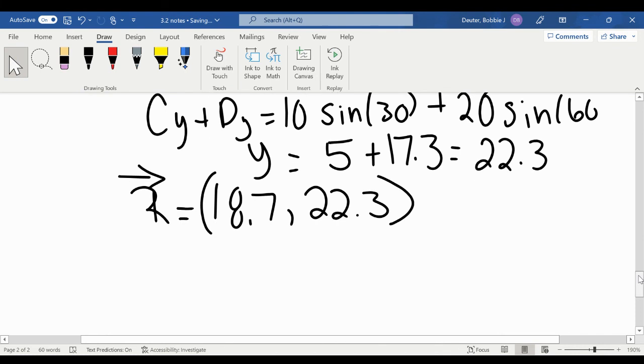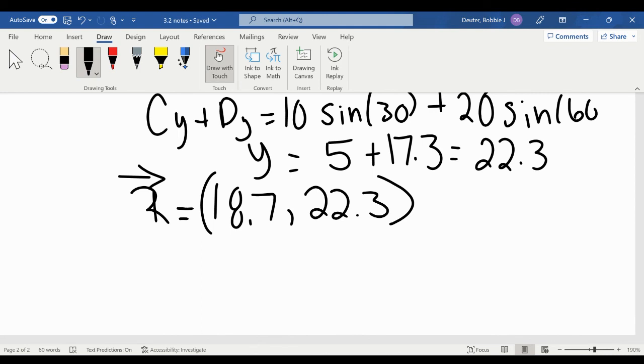So we use the good old Pythagorean theorem. I know, we're waiting for it, right? So remember that a squared plus b squared equals c squared. Really, that a, b, and c can represent anything. For us, it's C squared plus D squared is equal to R squared.